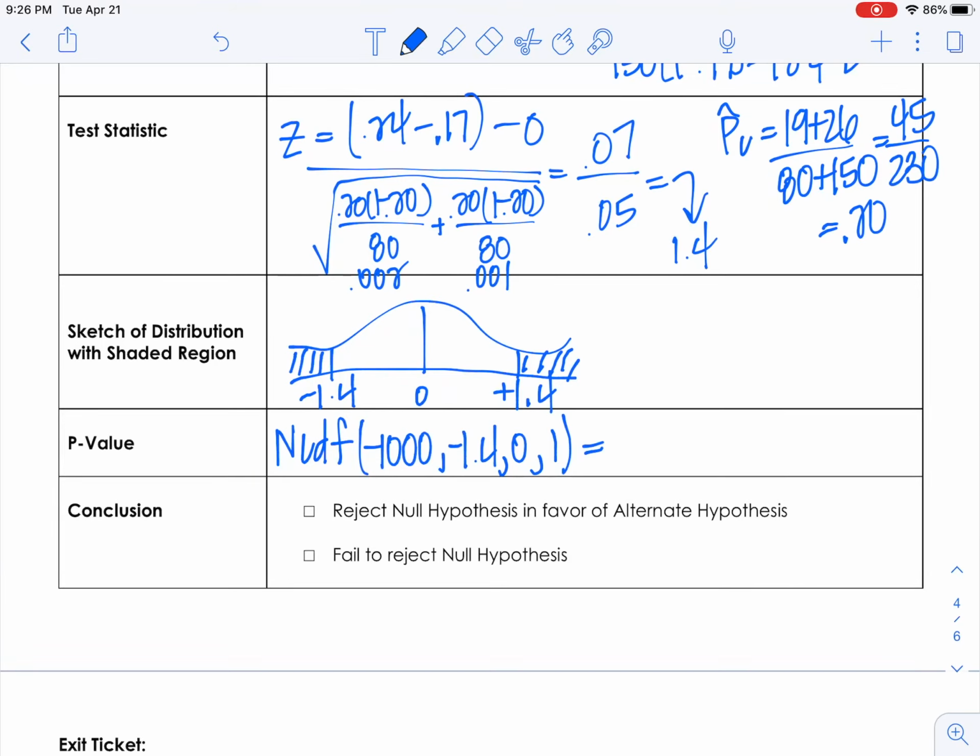And that is 0.08. Now I multiply that by 2, and I get 0.16 overall. So then I compare that to my level of significance. 0.16 is greater, so we fail to reject.